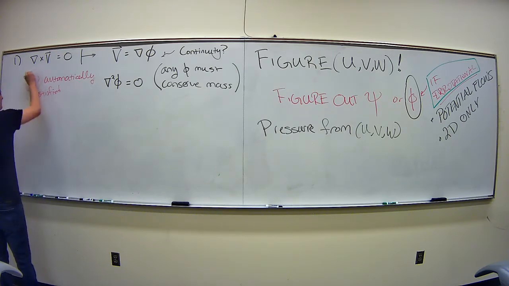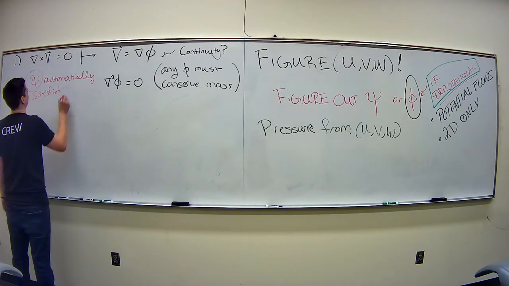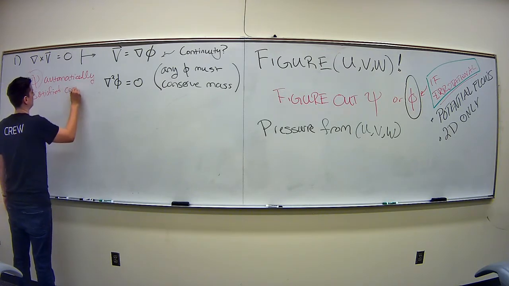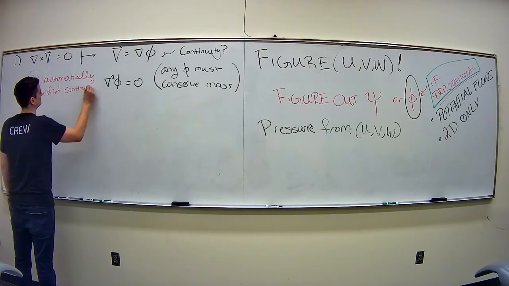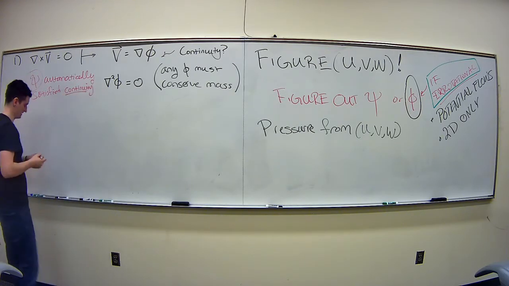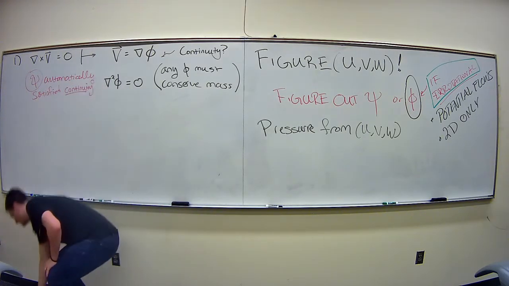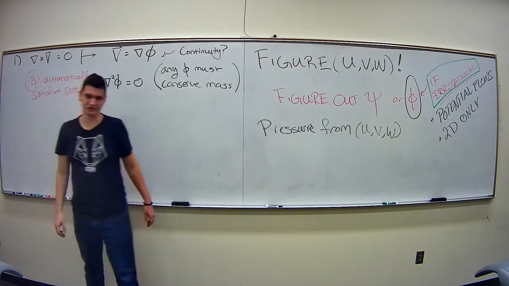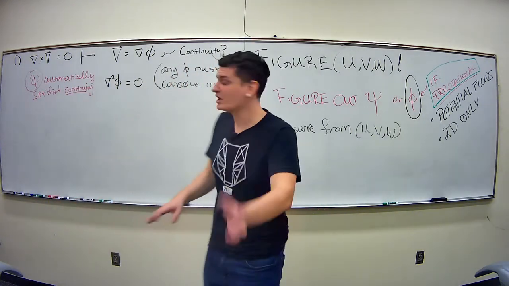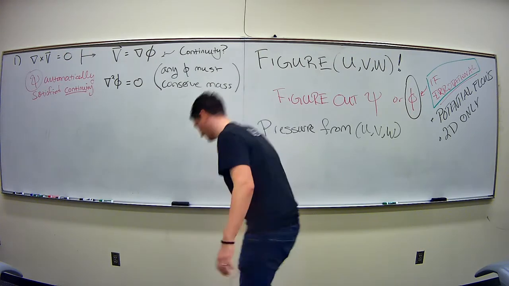Remember that psi, the stream function, automatically satisfied the continuity equation. It's not the case with phi. Okay, phi is my potential function, and it's just like too general. But what I do know about phi is I do know that it solves Laplace equations.